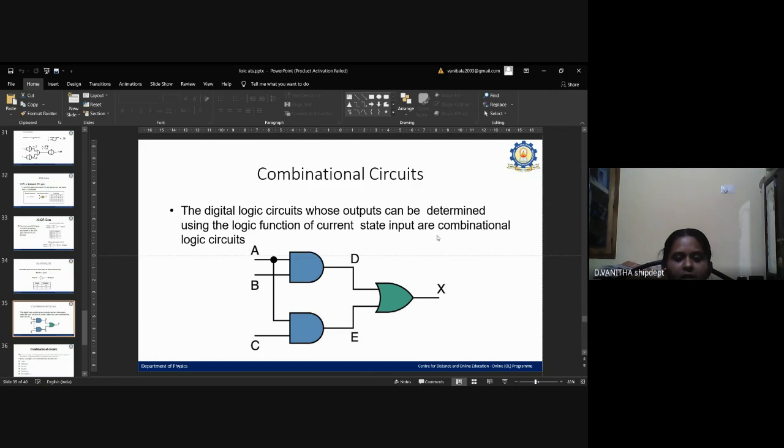The input of the first AND gate is shared by the second AND gate. Then the outputs are given to an OR gate, and the output of that OR gate is taken. So here there is a combination of AND and OR gates, so it is called a combinational circuit.